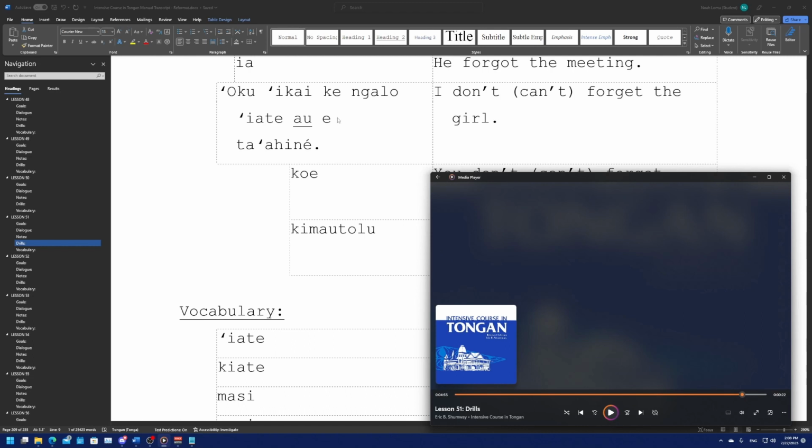Yeah, so because there's no glottal stop, you're just lengthening the existing e. Yeah, kakengalo yate koe tahine. And I guess it's hard to hear. I mean, it is longer, because it's not opi kakengalo yate koe tahine, right?